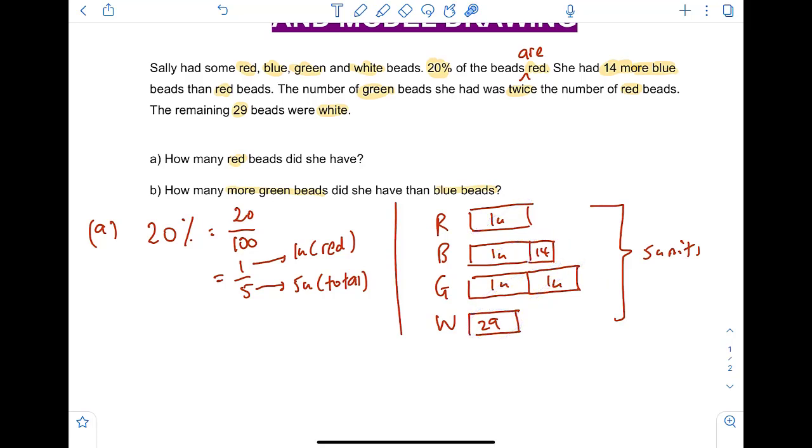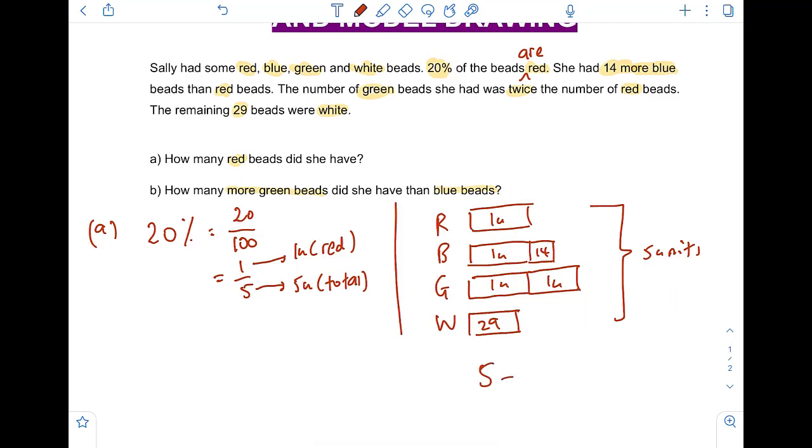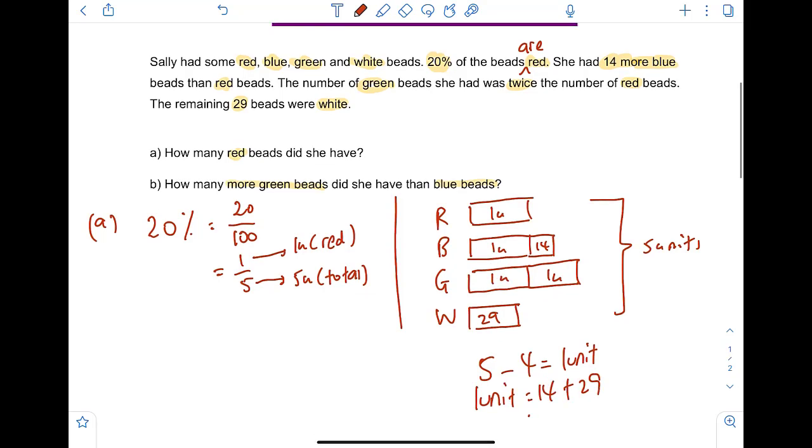I repeat, 1, 2, 3, 4 complete units have been drawn out of a total of 5 units. So 5 minus these 4 units, you are left with 1 unit, which has to be 14 plus 29. 5 minus 4 is 1 unit. 1 unit is equal to 14 plus 29, which is 43 beads for 1 unit.